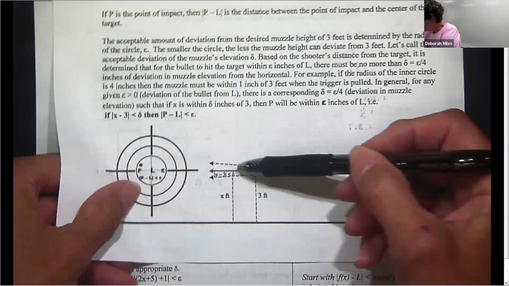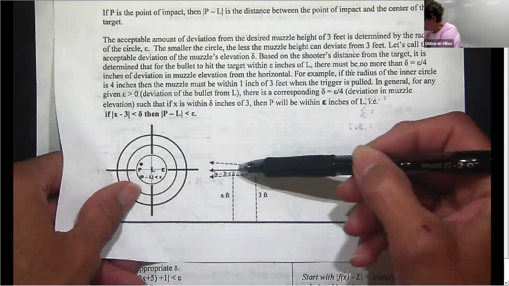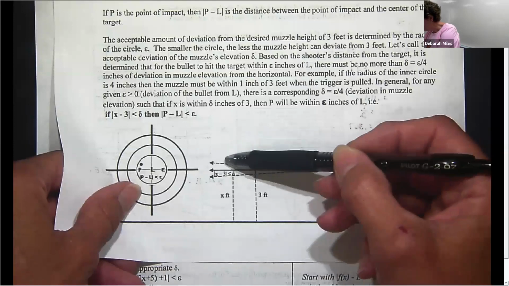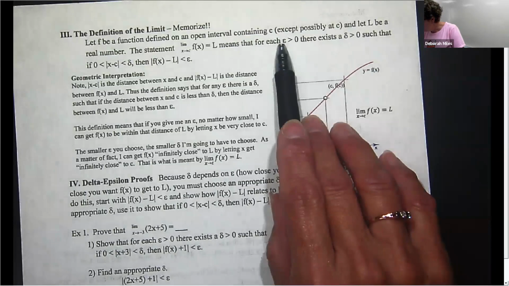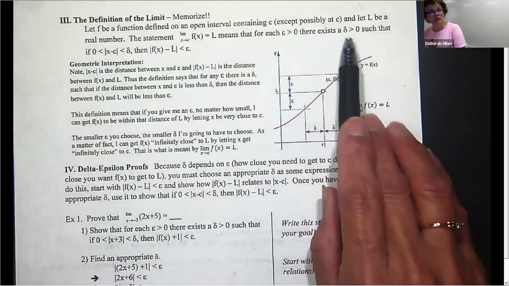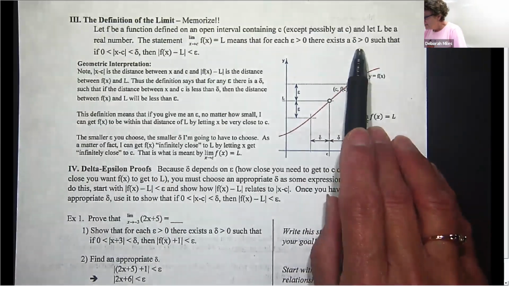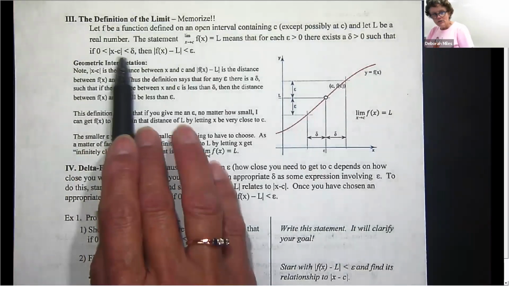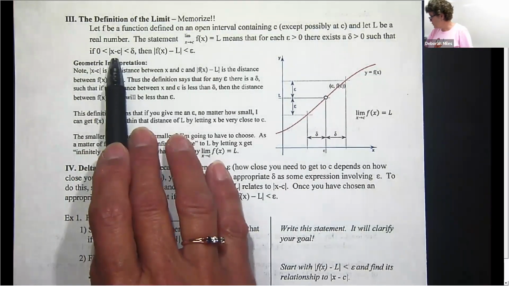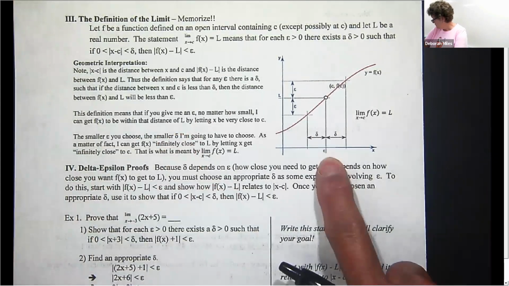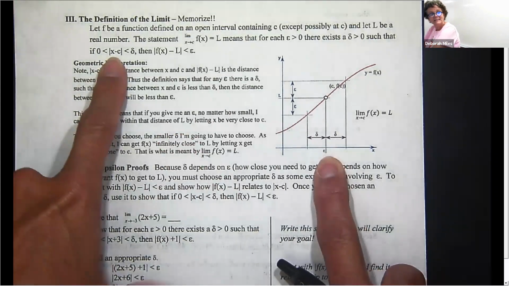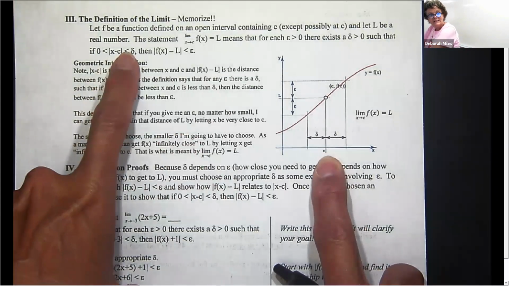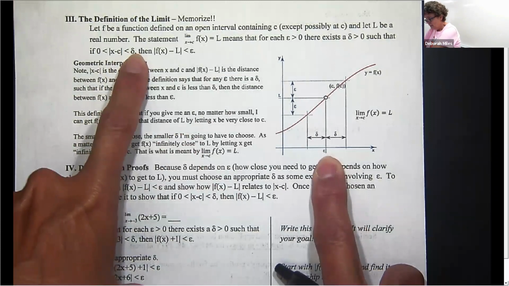Delta was the distance that your rifle was actually from the perfectly level 3 feet. For any epsilon greater than 0, there exists a delta greater than 0, such that, just read this, the distance between x and c, C is some constant on your x-axis, and the distance between x and c is less than delta and greater than 0.